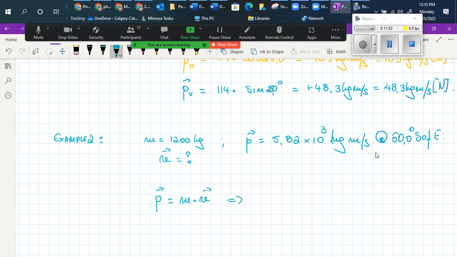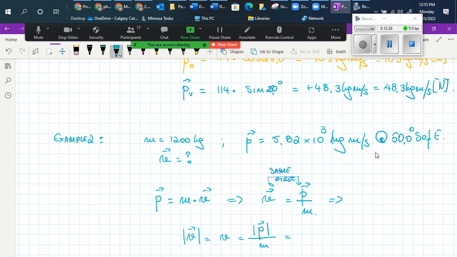And from here, we find that the velocity is momentum over mass. But since those two have the same direction, we can simplify our calculations into: the magnitude of the velocity, or just simply the velocity, is equal to the magnitude of momentum over mass.